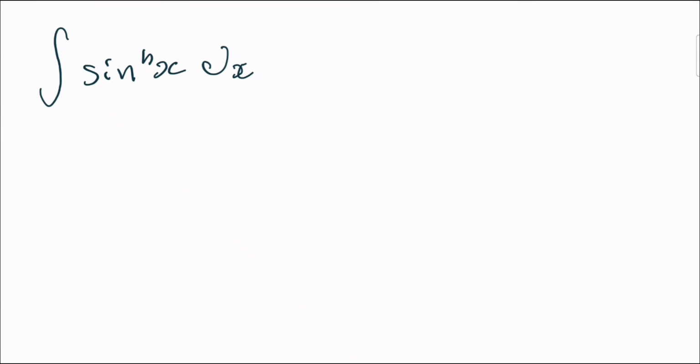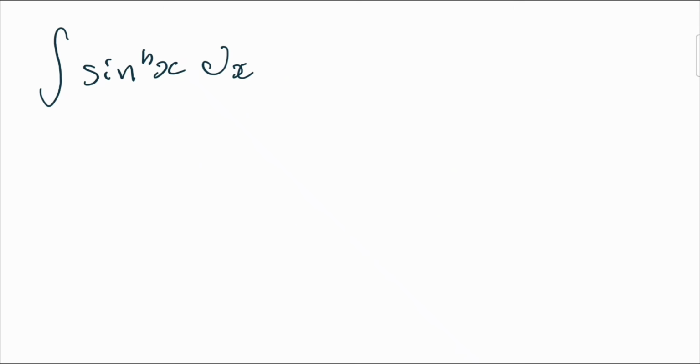Okay, this is going to be our last equation for today. The integral of sine to the 4th x dx. Okay, so do you remember what I said before about the integral reduction of sine of x?